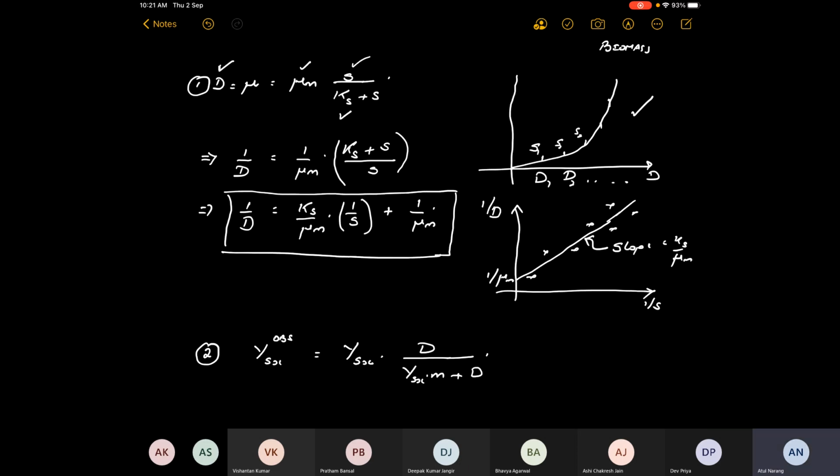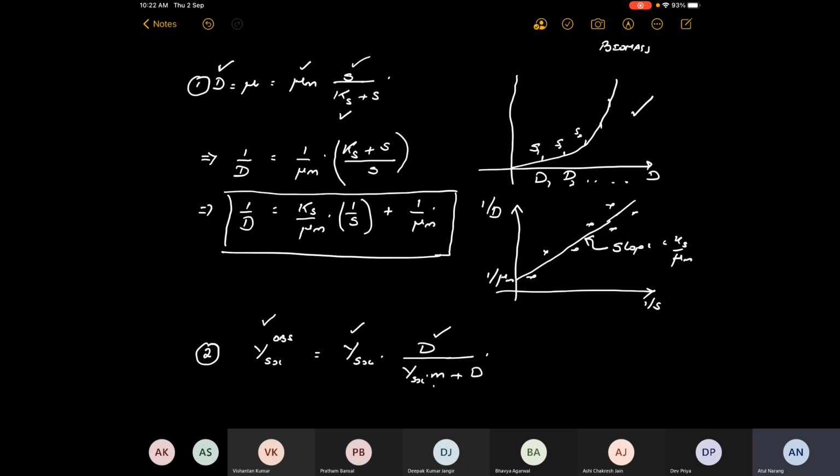If I knew the value of Y(SX) observed at various values of D, and I'll get to how you find this in a minute, then I could use the same method to find Y(SX) and m. Are you with me so far? Just take the reciprocal of both sides and then plot the data.